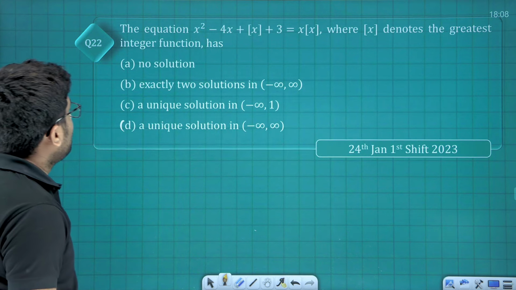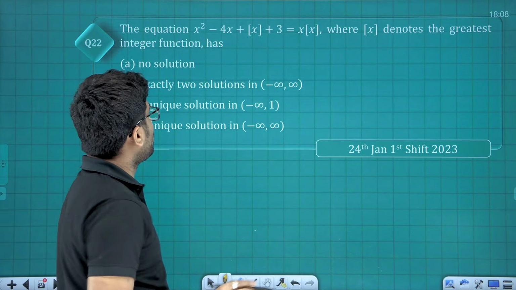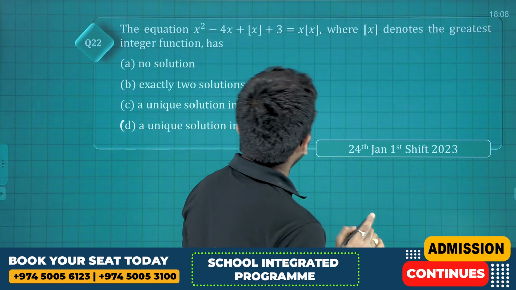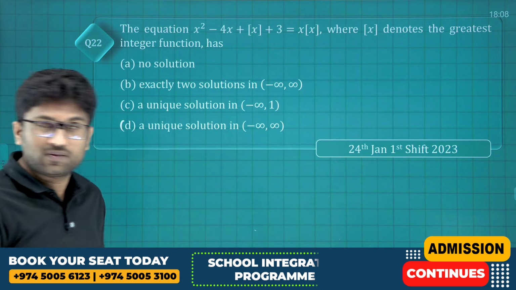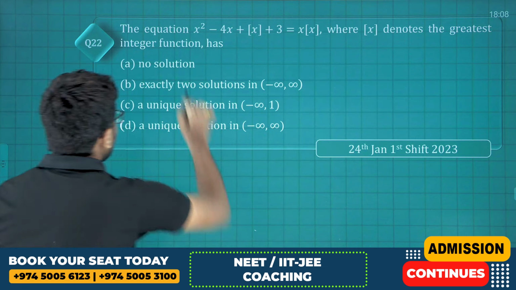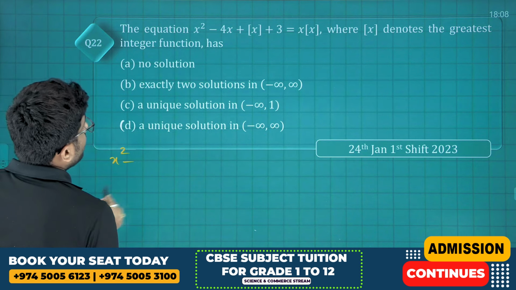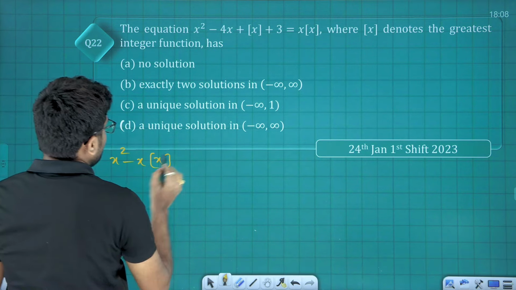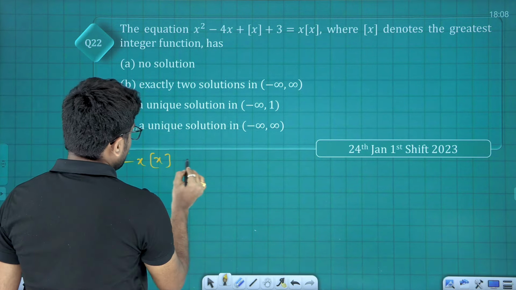Next question. The equation x square minus 4x plus floor of x plus 3 is equal to x into floor of x, where something. First let's try to rearrange this expression. For that, x square minus x into floor of x, get this to the other side, minus x.